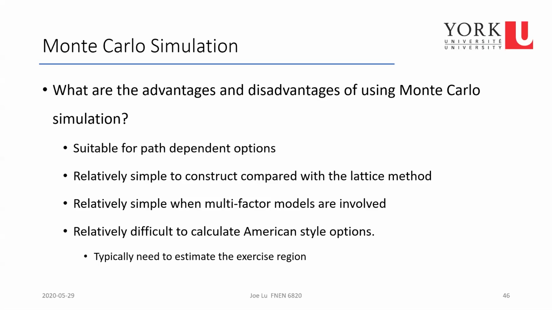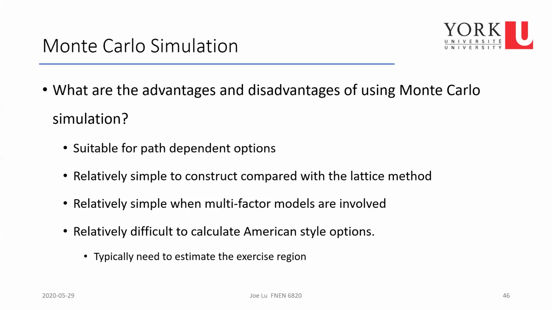The challenge here, obviously, is to figure out the region where early exercise is going to take place. If you know the region, then once you simulate your path, as long as a point along the path is in that region, you would exercise.